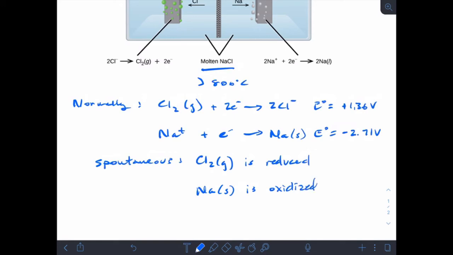Okay, so chlorine gas gets reduced to chlorine minus, and sodium is oxidized to Na plus. But what if I want to make some solid sodium?